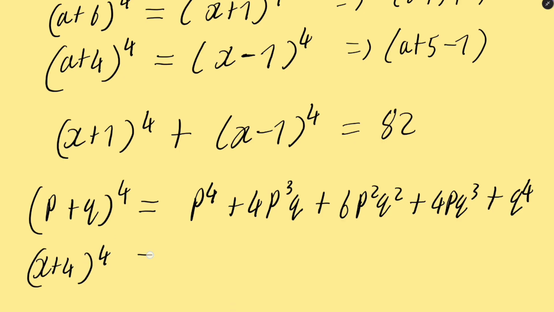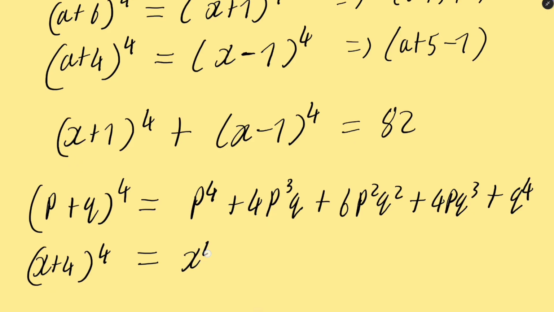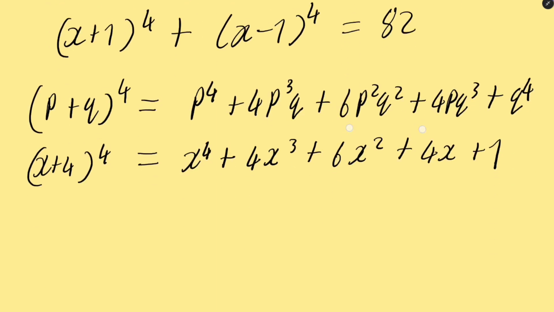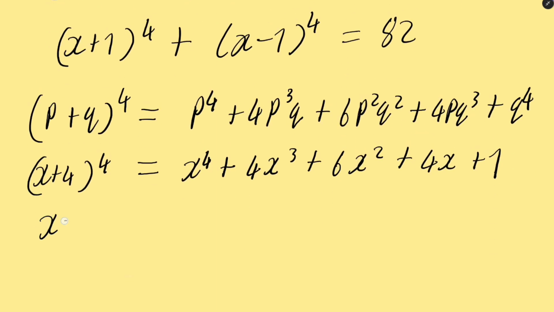Using this expansion, (x + 1)^4 will be equal to x^4 + 4x^3 + 6x^2 + 4x + 1.